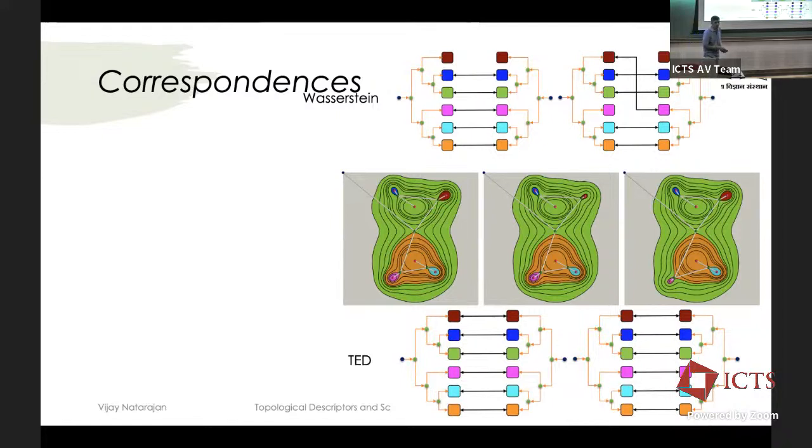Okay. So there is a lot of interest in the tree edit distance because in addition to just comparing distributions, my edit distance is sensitive to the geometry to some extent, while being efficient in practice.